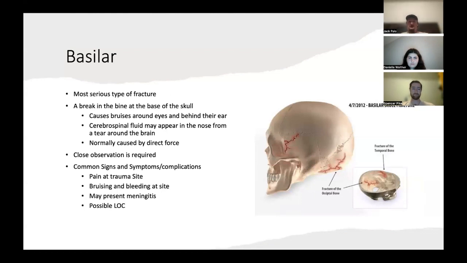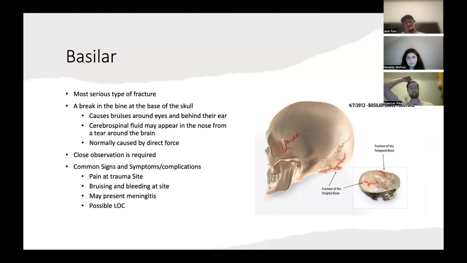So sometimes close observation is required, but as you can see with the common signs and symptoms, I wouldn't think there would be close observation required if you have bruising and bleeding at the site. But other signs and symptoms also include obviously pain, maybe some meningitis, and possible loss of consciousness.